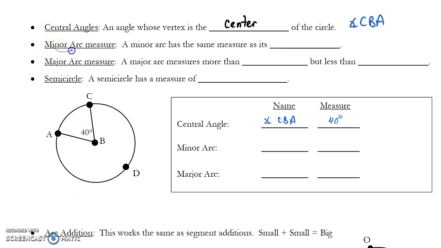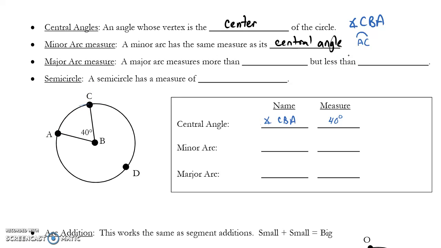A minor arc is the same exact measure as its central angle. And we use a different symbol for an arc. The minor arc is just this outside part of the circle. So I would call this minor arc arc AC, which means I'm going to use AC because it starts at A and it ends at C, or CA, but I'm going to put an arc above it.